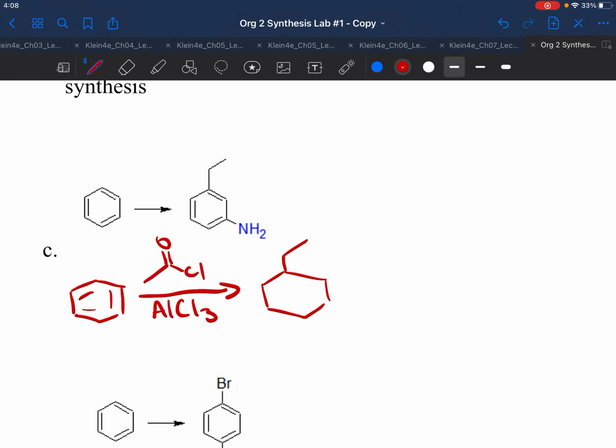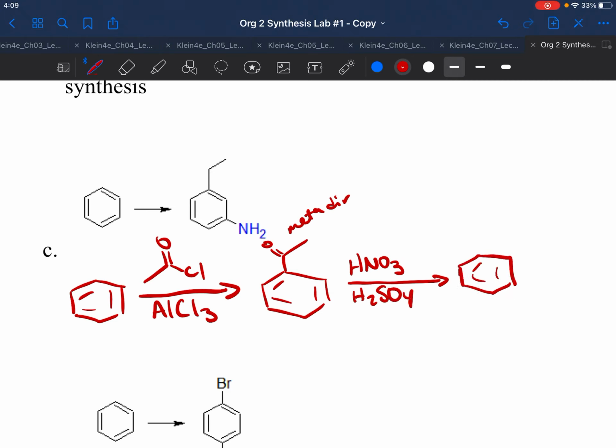And that's going to add a 2-carbon piece, but with a carbonyl. And what's cool about that carbonyl is that it's a meta-director. So now I can add in my nitro group. So I'm going to do my nitration conditions, HNO3, H2SO4. It is going to add to the meta position.